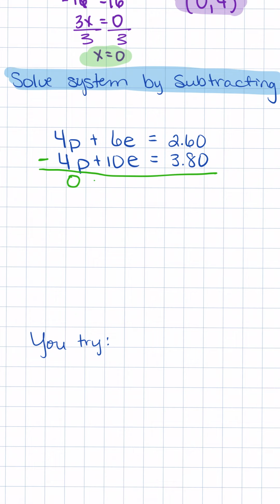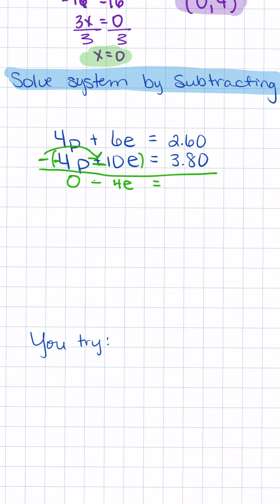And then these are both positive, but if we're subtracting, we've got to subtract the 10. So this subtraction needs to be multiplied in. So this turns into a -4p, and then this turns into subtract 10e. So therefore this equals subtract 4e.